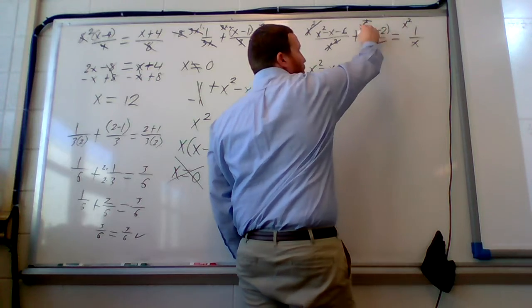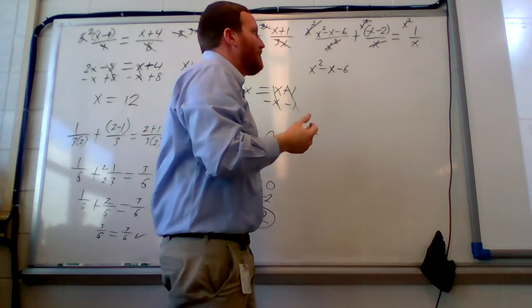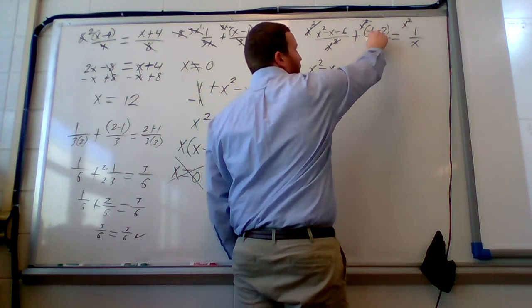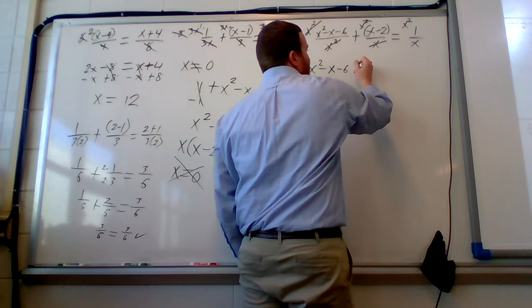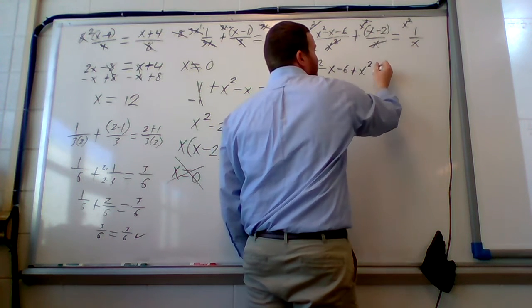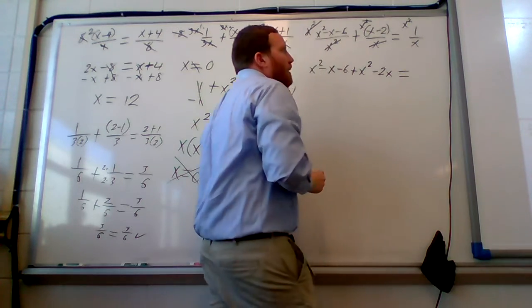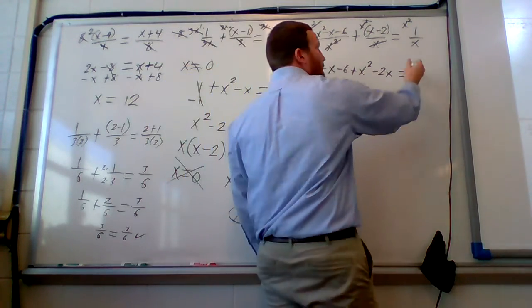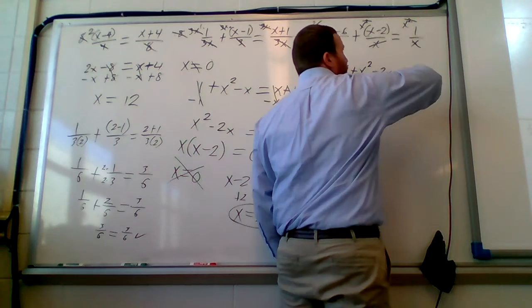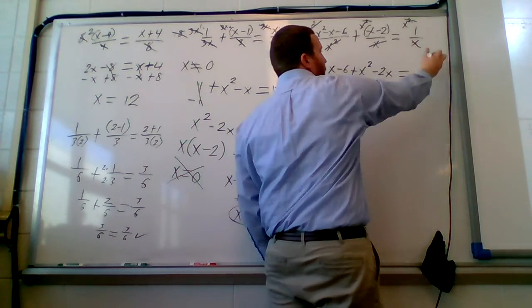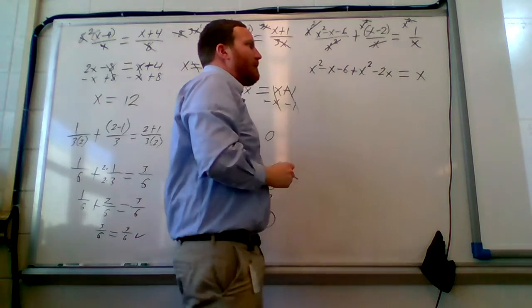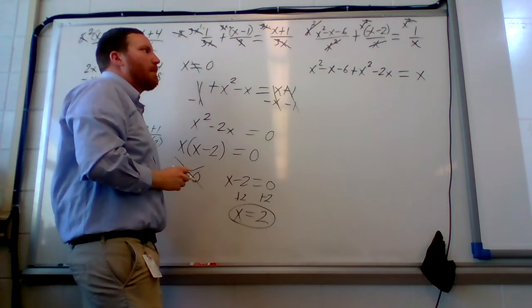Remember, I've got to then distribute. That's probably the most missed thing, forgetting to distribute. So we got x times x, the x squared, and x times negative 2, negative 2x, equals x squared divided by x. It cancels out the squared. We're left with 1x. So x times 1 leaves us with x.